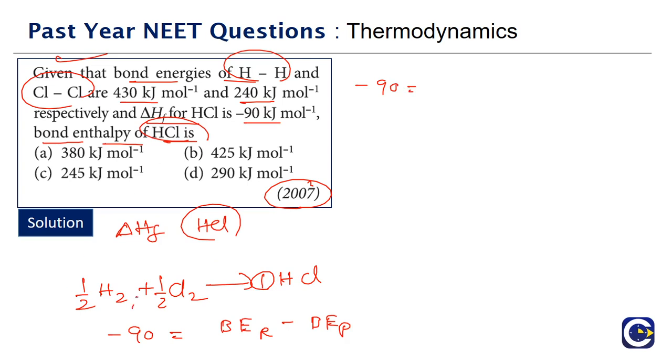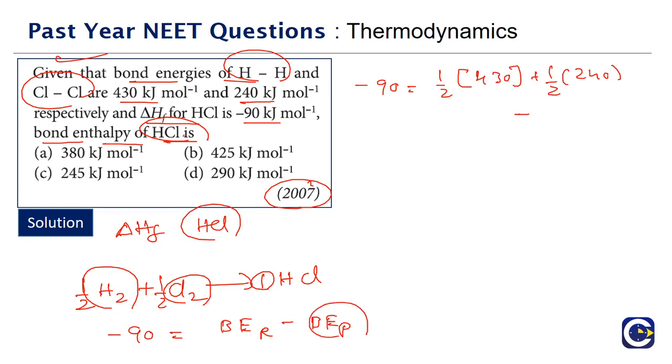We have reactants, half a mole of H2 and half a mole of Cl2, means half of H2, what is the bond enthalpy? 430, plus half of Cl2, what is it? 240. Okay, minus bond energy of the product. Our product is HCl, right? That is the bond enthalpy of HCl.